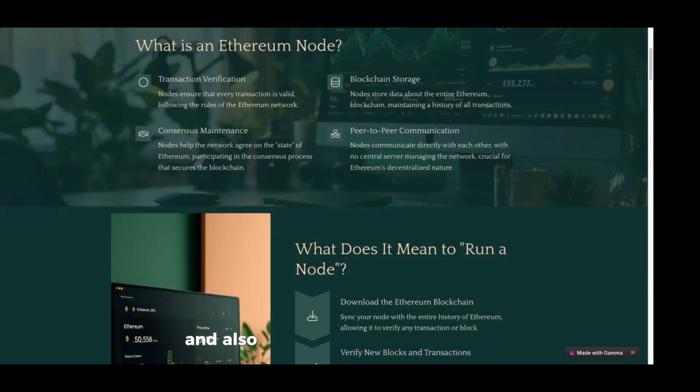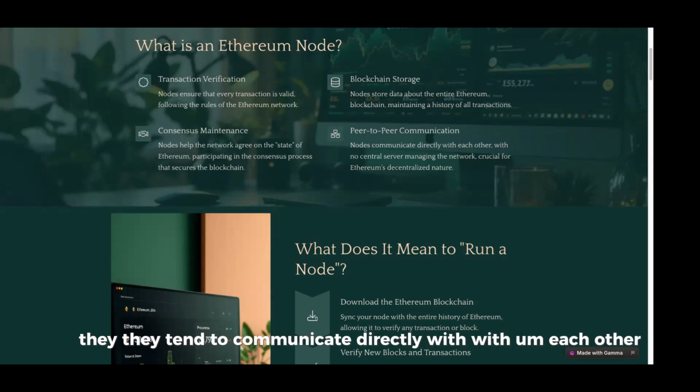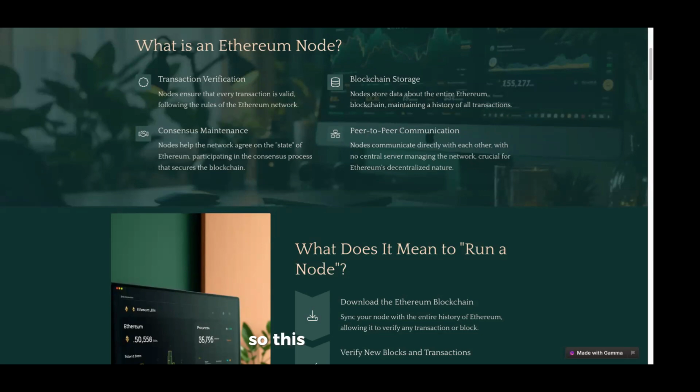And also the nodes basically communicate in a peer-to-peer manner. So they tend to communicate directly with each other. So this eliminates the need for a central server, a central authority that manages the network.